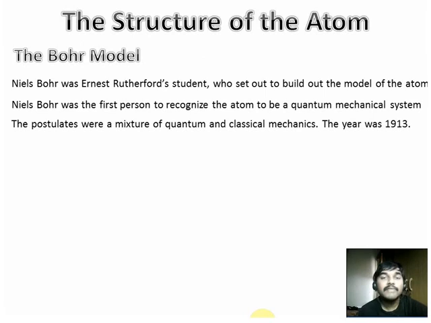And so he gave a series of postulates. These postulates are not supposed to be questioned; he said they just are. So in 1913, we got new postulates regarding the structure of the atom, and these postulates were a mishmash of the new quantum ideas and the old classical ideas.